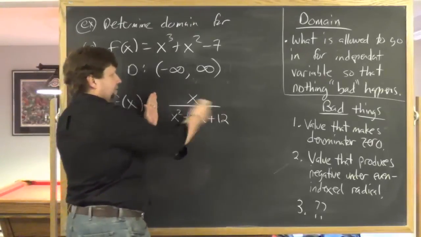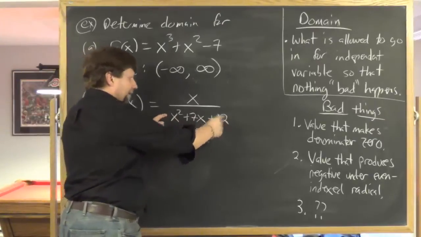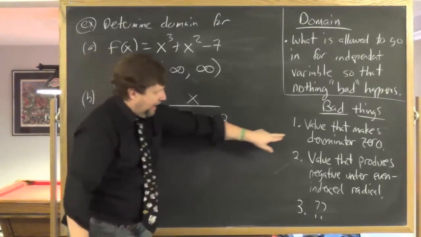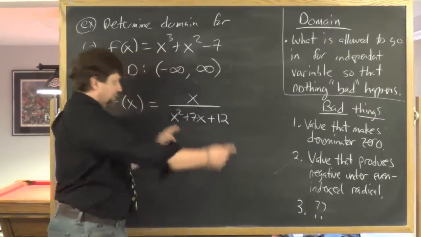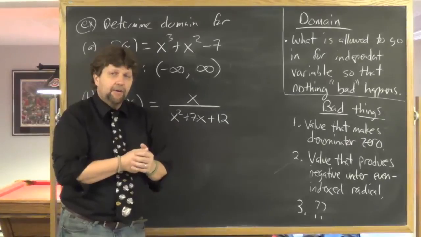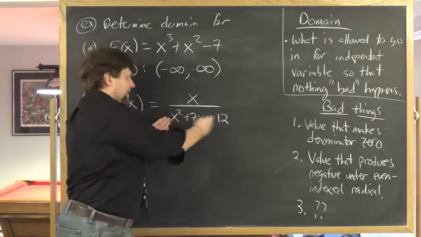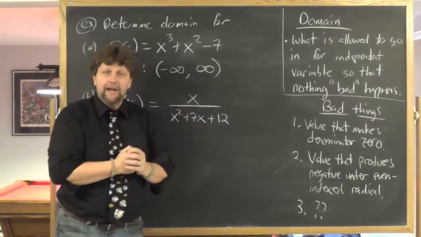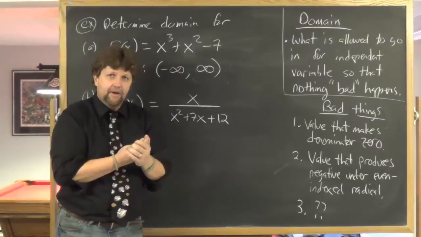I see my function here and it looks like a fraction. There's a denominator. I probably need to worry about some number going in for x that will end up making the denominator equal to 0. And if I allow a number in for x that will make the denominator 0, that's incredibly bad. I can't divide by 0.